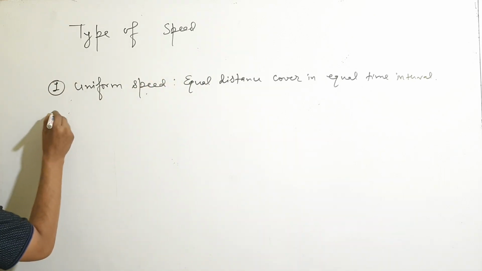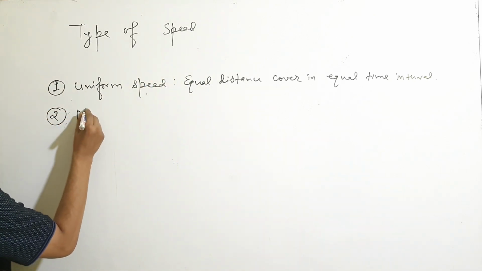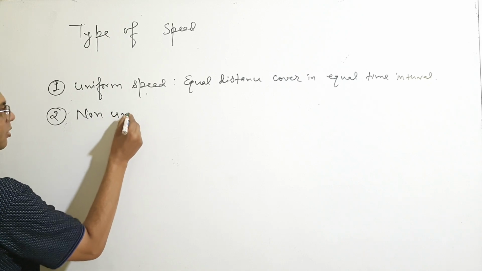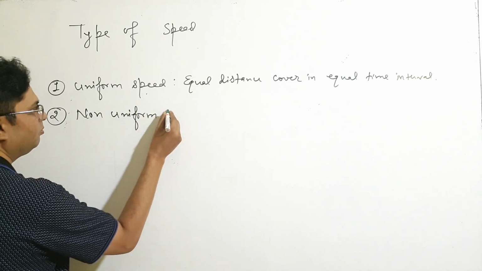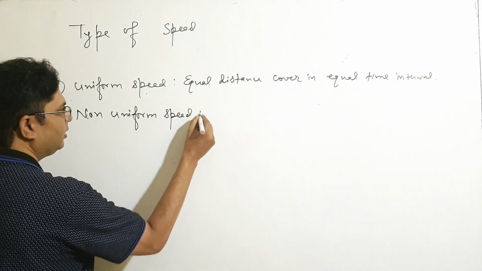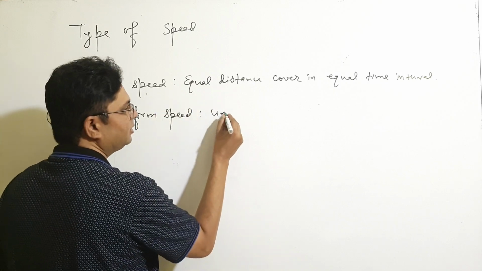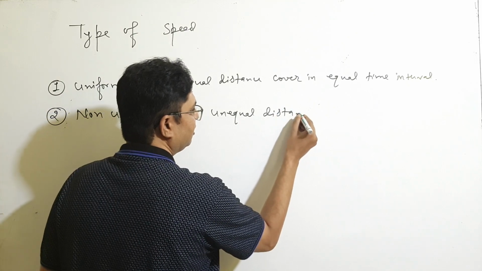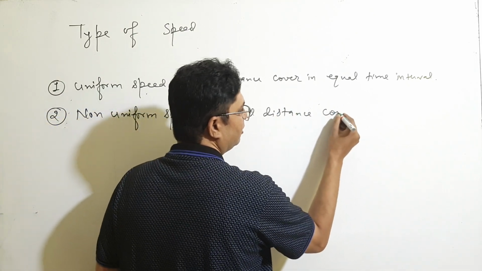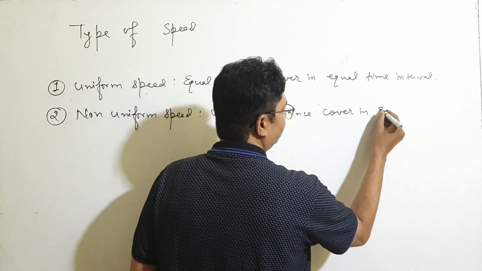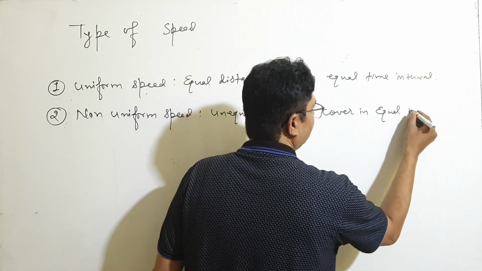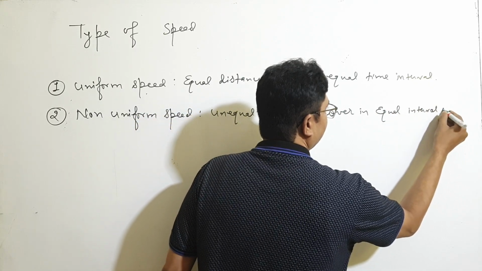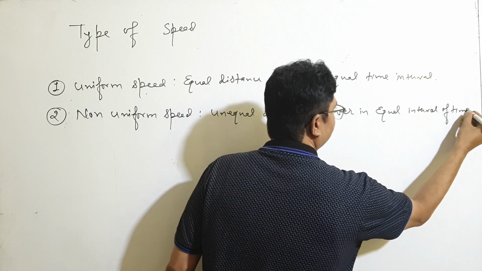So number second is non-uniform speed. This is unequal distance covered in equal interval of time.